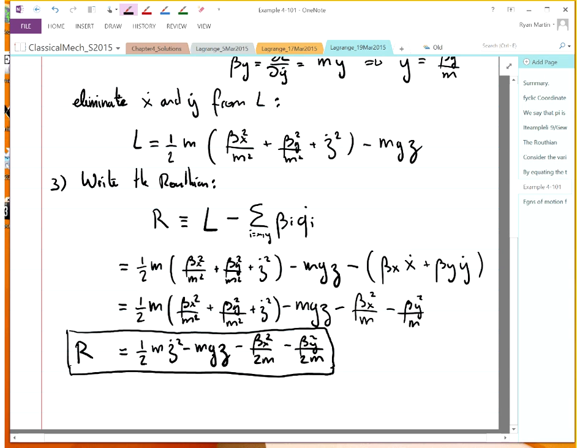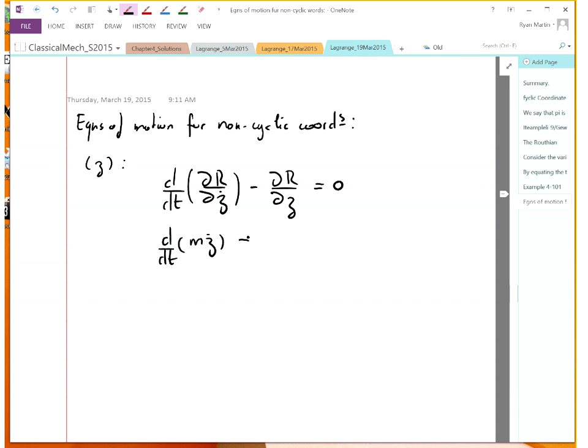How does R depend on z? It's minus mgz, so ∂R/∂z is minus mg. And there's a minus sign in front of that here, so then it's plus mg. Right, there's a minus sign in front of the ∂R/∂z. So ∂R/∂z was negative, and then times the minus sign makes it positive.